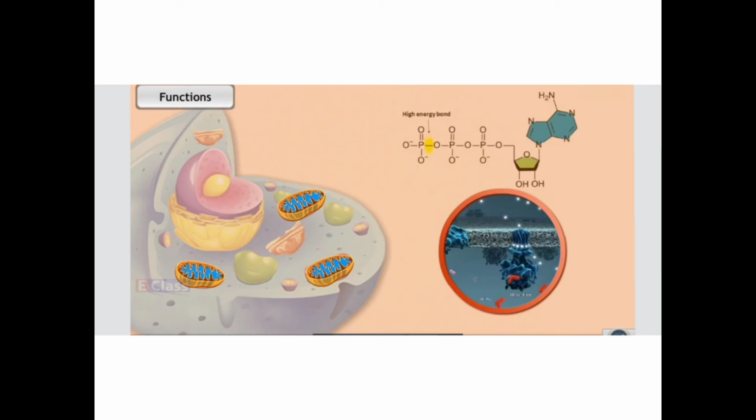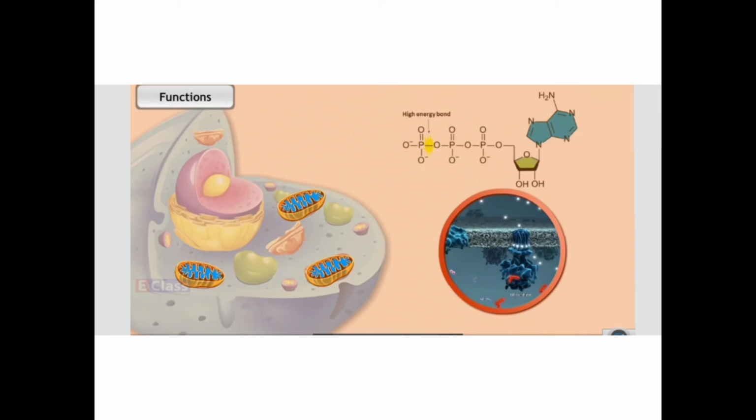So what are the functions of the mitochondria? Mitochondria produces ATP, which is an energy rich compound, right? How is it done? By the oxidation of carbohydrates and fats. And second, what is the function? It synthesizes protein, carbohydrates, etc. with the help of this energy in the ATP.